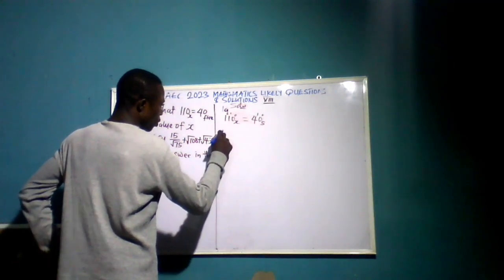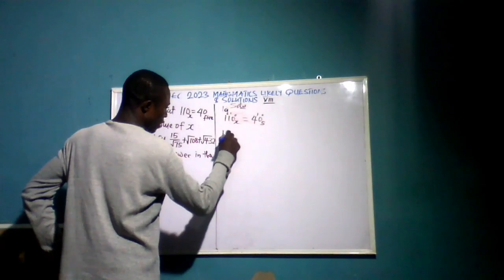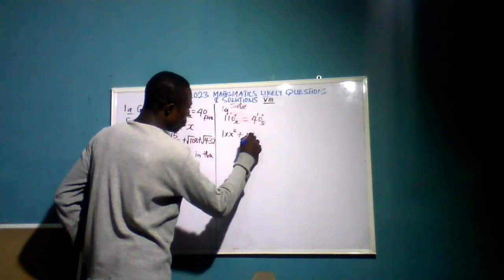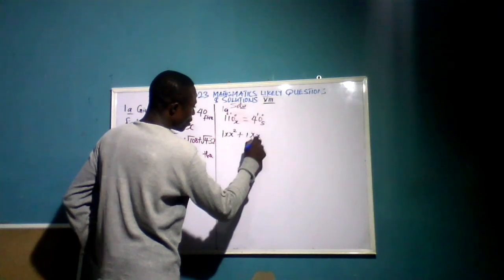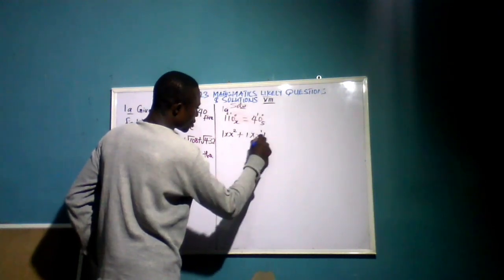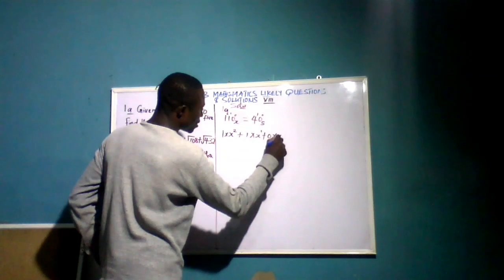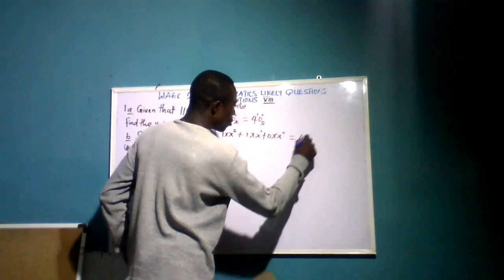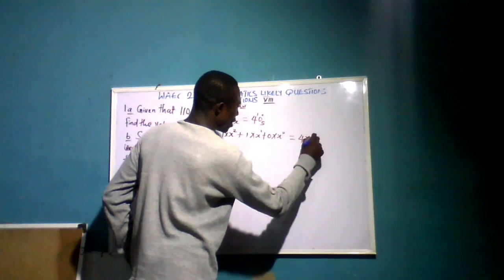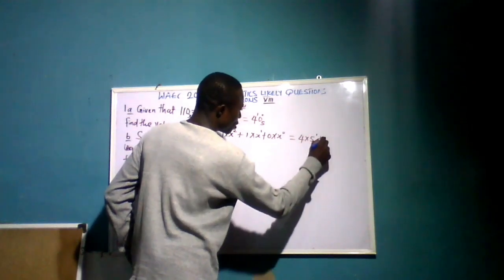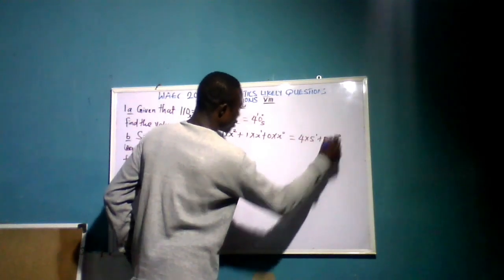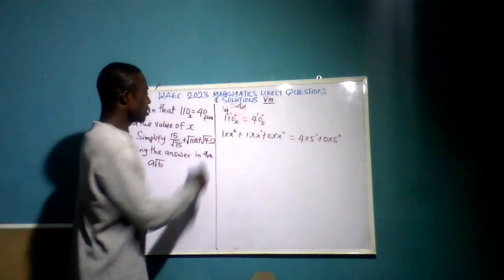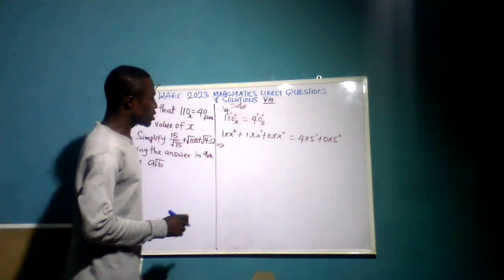So we do 1 multiplied by the base raised to power 2, plus 1 multiplied by the base raised to power 1, plus 0 multiplied by x raised to power 0. This will be equal to 4 multiplied by 5 raised to power 1, plus 0 multiplied by 5 raised to power 0. And with that, we have x squared times 1.